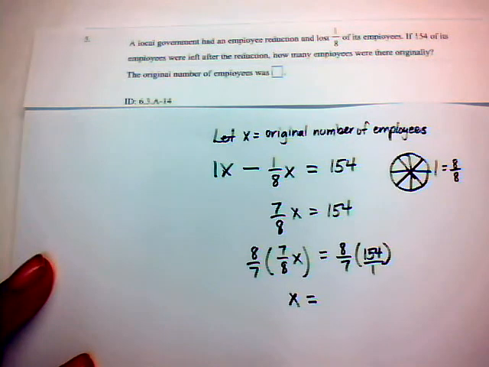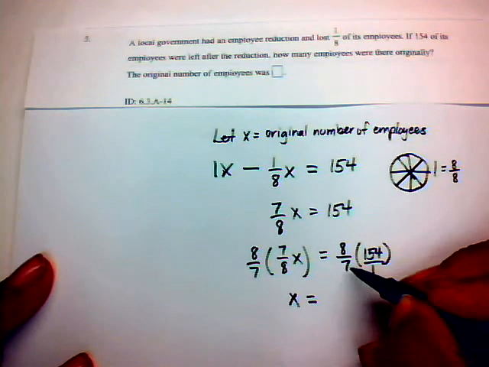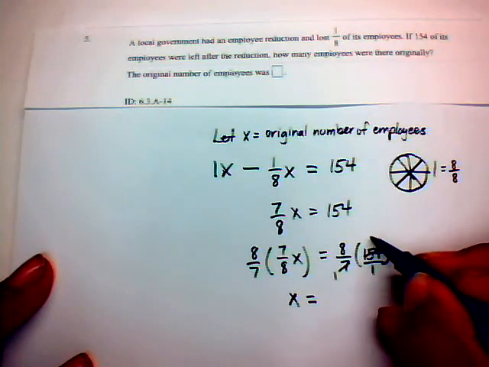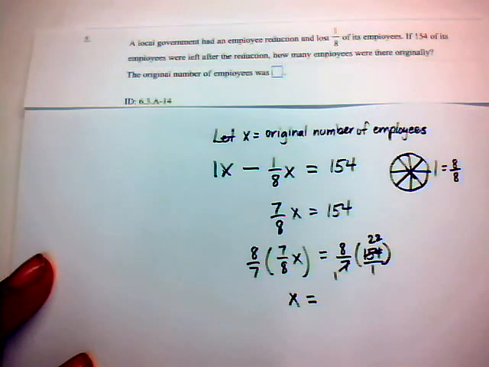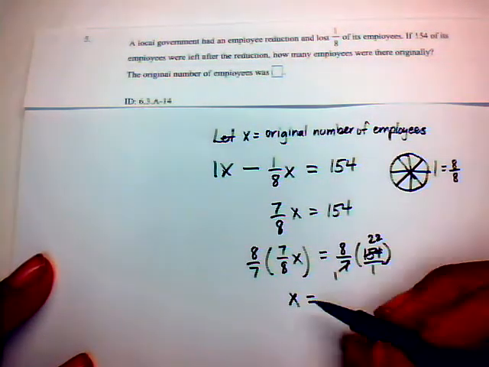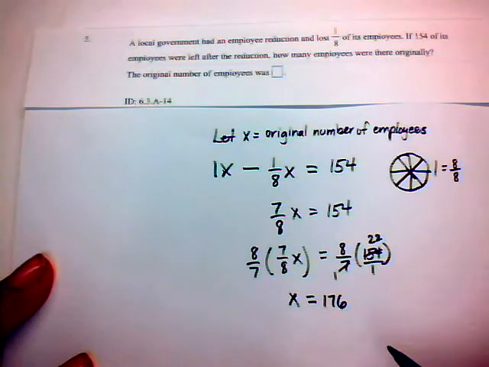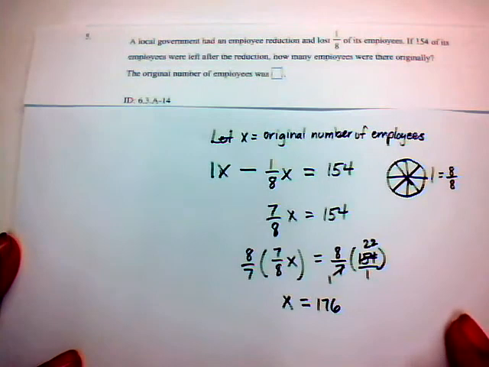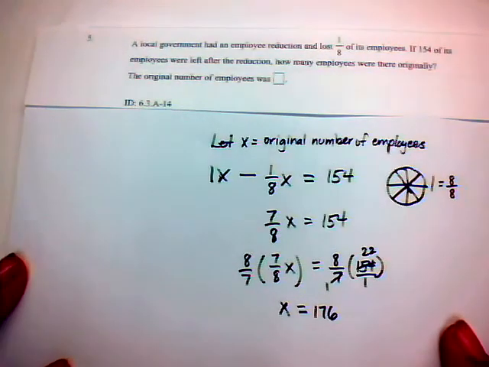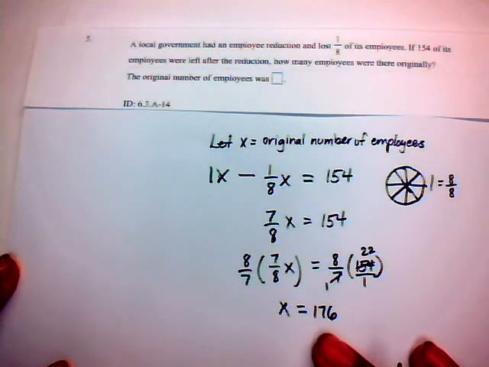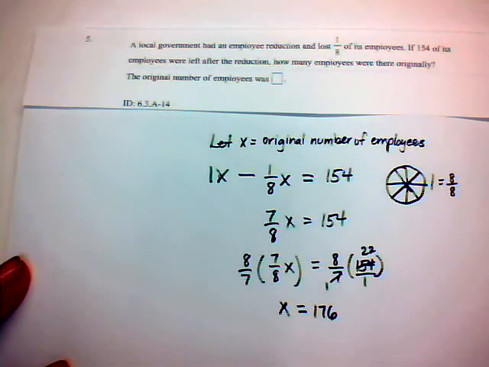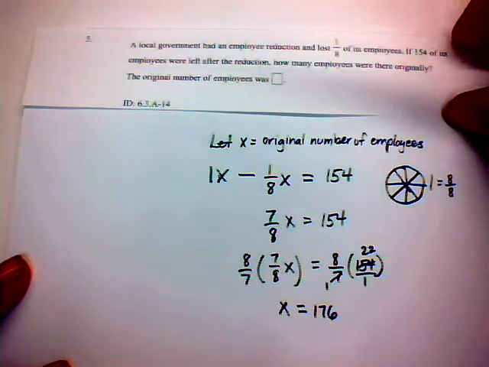I think we can do some cross dividing here because I think 7 goes into 154 22 times. So I'm going to put a 1 here and then 22 here, and then 22 times 8 will be 176. Okay, so before the reduction, there were 176 employees, which is what we were trying to find, the original number of employees.